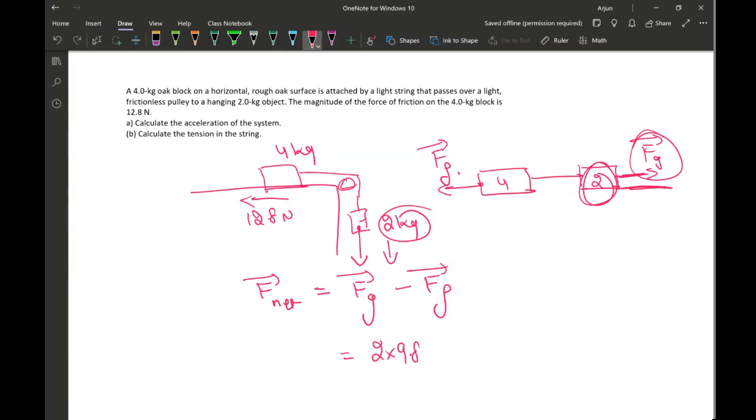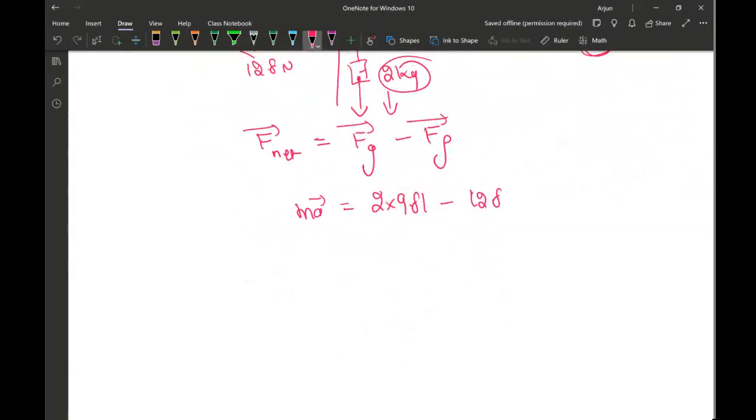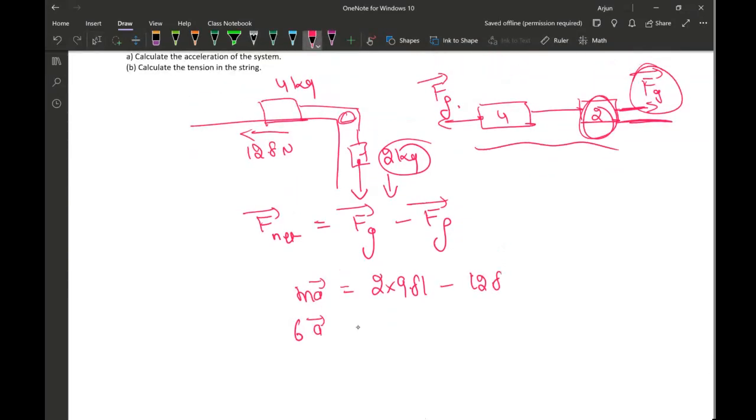So 2 times 9.81 minus force of friction, which is 12.8. Net force is equal to ma, and the acceleration value will be 6 times a, because the acceleration is acting on both masses. That will be equal to 6.8. Dividing both sides by 6, you get the acceleration value 1.13.